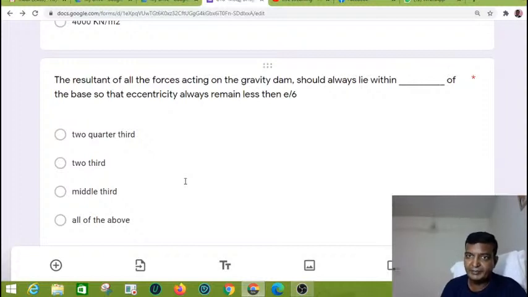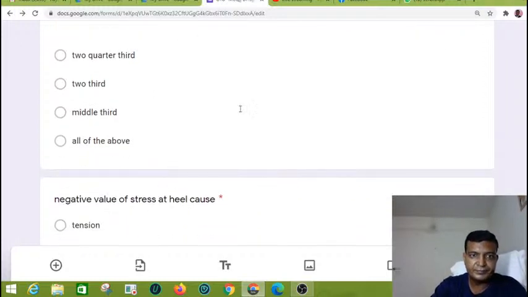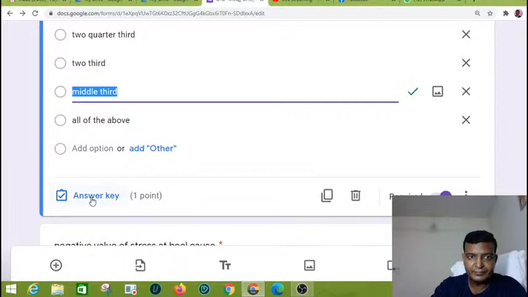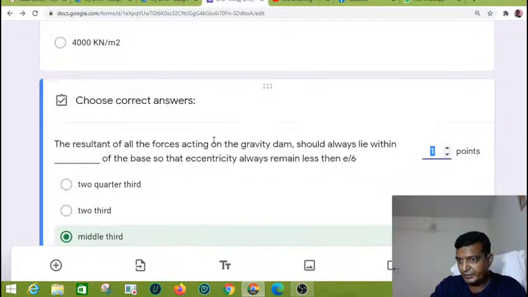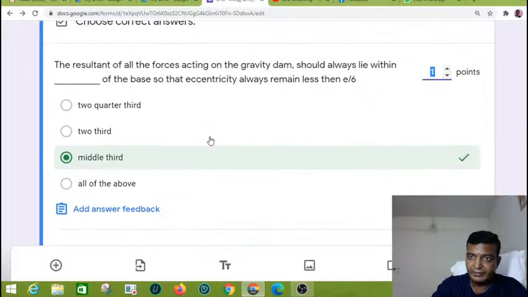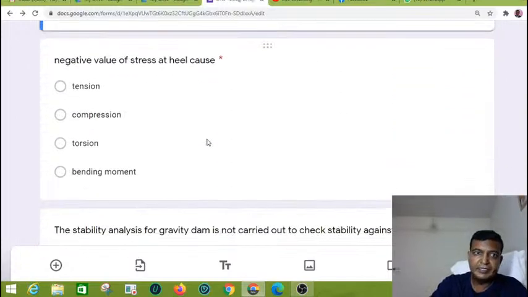The resultant of all the forces acting on the gravity dam, what would be your answer? Middle third. The answer key is middle third. Okay. Next question.